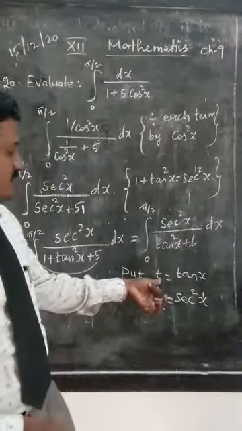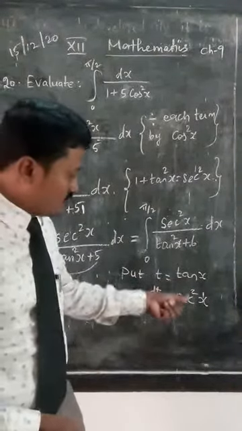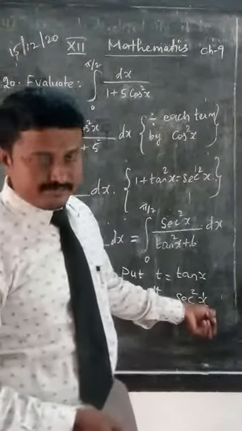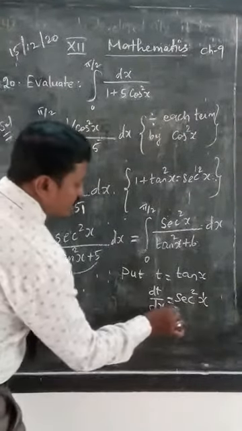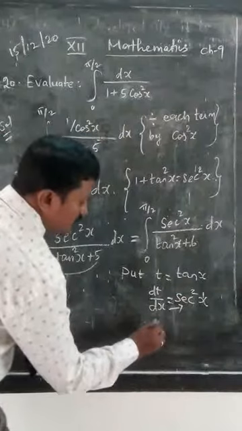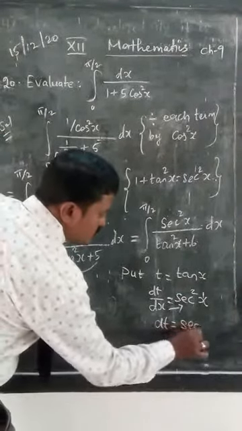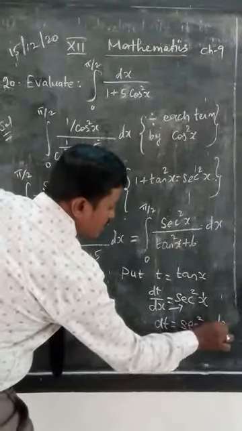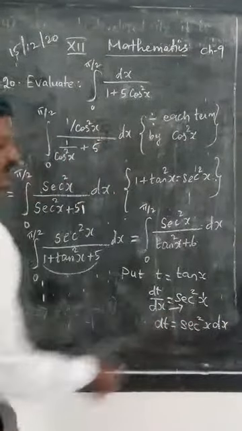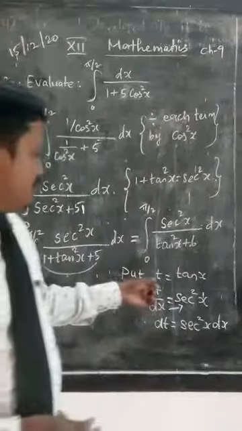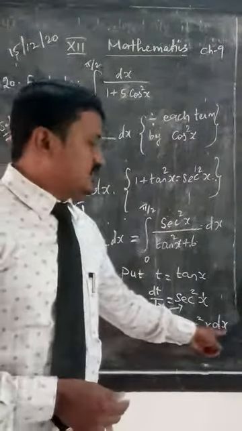Now, if I cross multiply this, I'll be getting dt is equal to secant square x into dx. Just cross multiplying to the other side, we are getting dt is equal to secant square x dx.